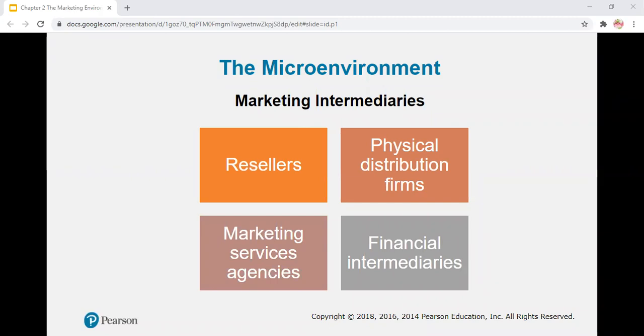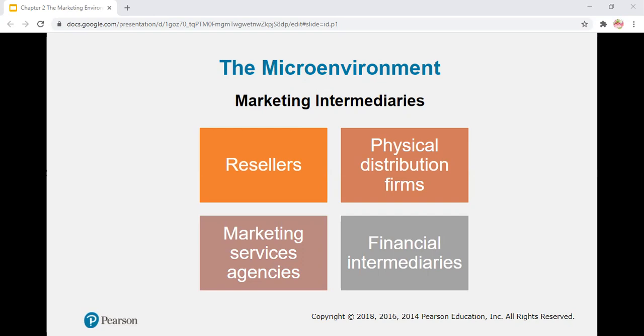Physical distribution firms help the company stock and move goods from their points of origin to their destination. These are the firms that help us to distribute our product, to move our product from the manufacturer to the shop where we can sell it.